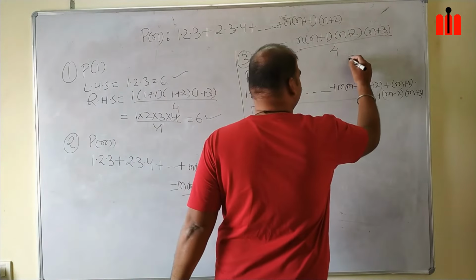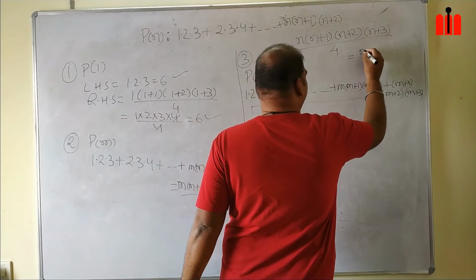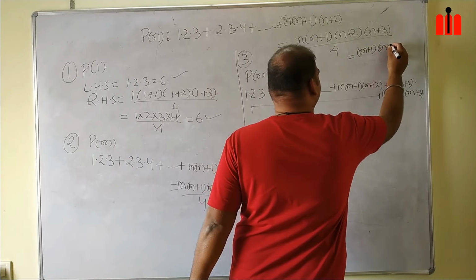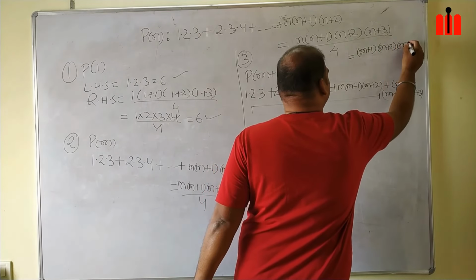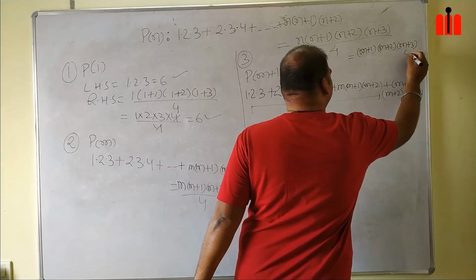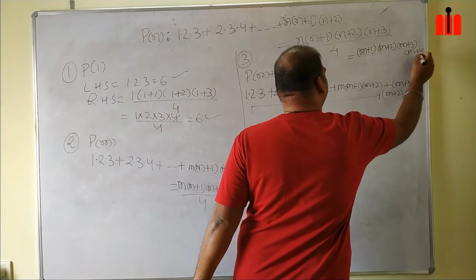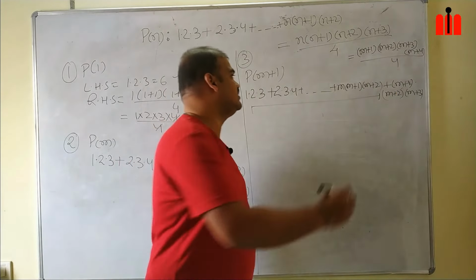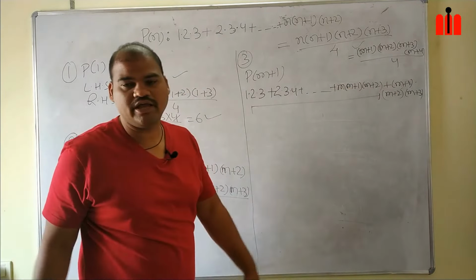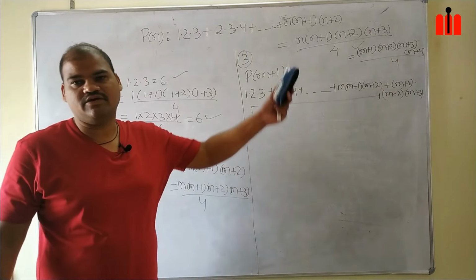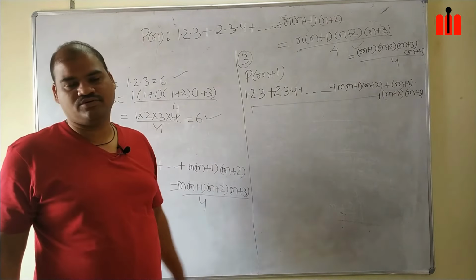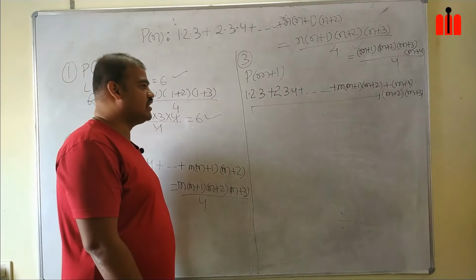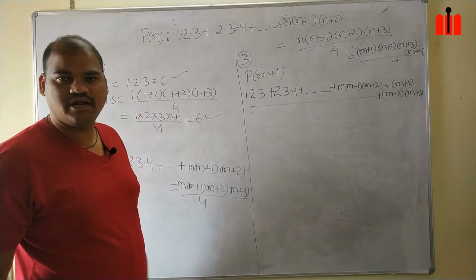Then we should get the R.H.S of our PM plus 1 statement as M plus 1, M plus 2, M plus 3, M plus 4 by 4. This is what we should get and this is our aim. Now let's proceed towards our aim.